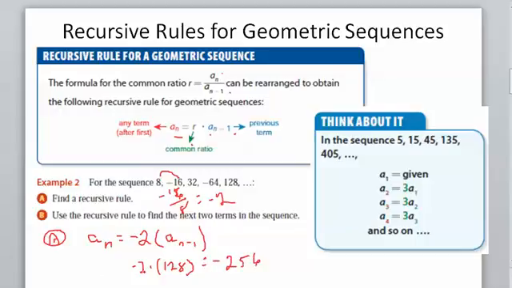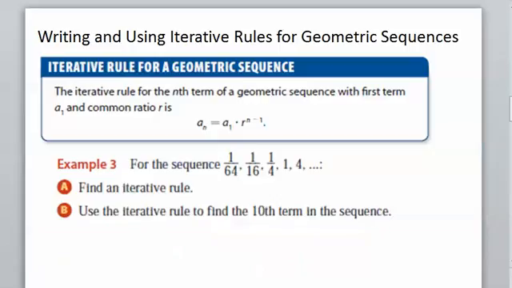And to find the next term after that, I would take -2 times -256, and I would get 512, a positive number. So that's all we're doing there to make certain we understand how to find these sequences.